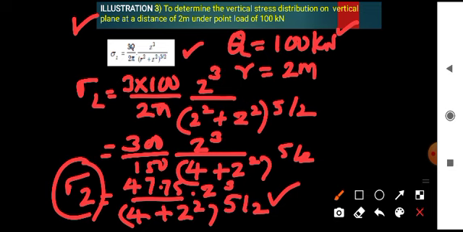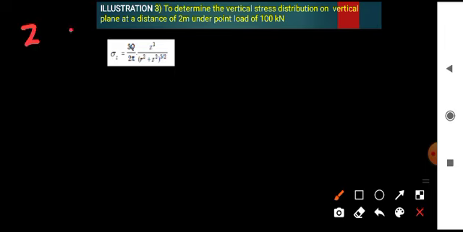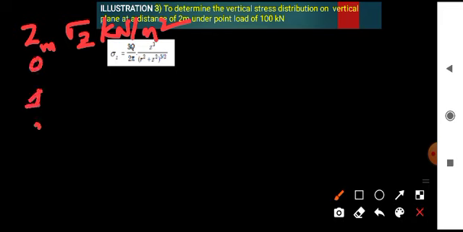Now let us see the value of sigma z corresponding to the value of depth, that is z. If we substitute the different values of z, z in meter and sigma z always in kilonewton per meter square. I will take the depth at 0, 1 meter, 2 meter, 3 meter and 4 meter intervals.